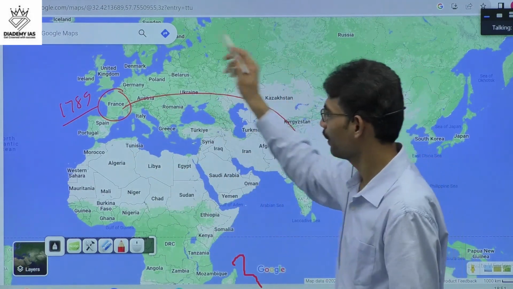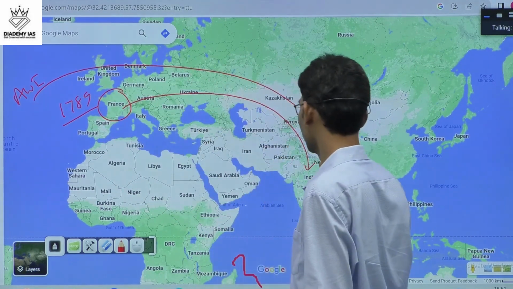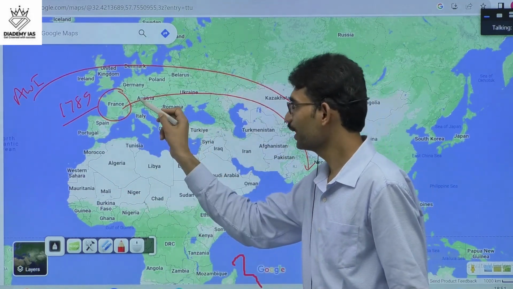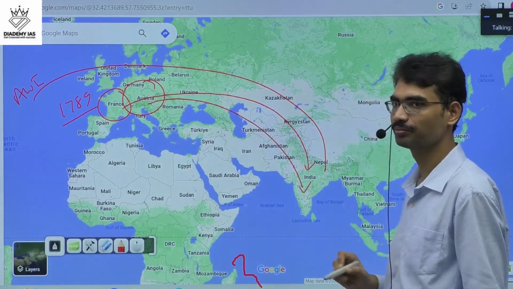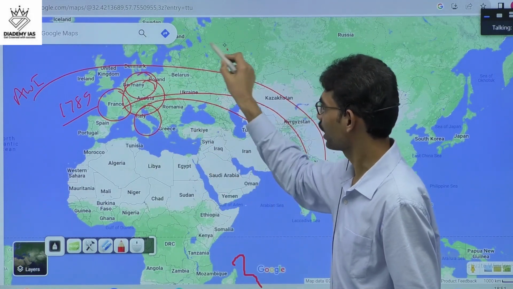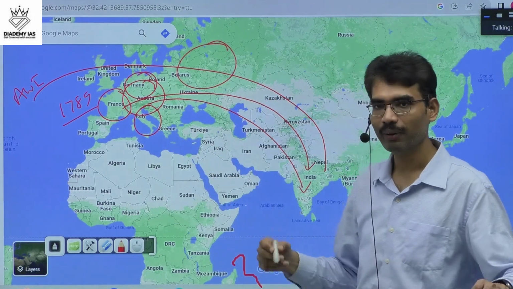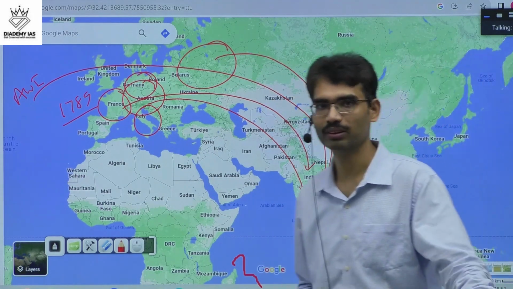And when it comes to America, the American War of Independence took place, that influenced India. Then during the 1800s, many European revolutions took place, influenced India. Italian unification, German unification, the Russian revolution, then many revolutions happened, and they are going to influence Indian common people.